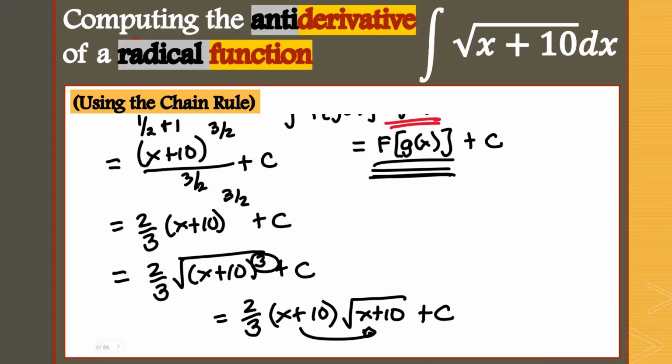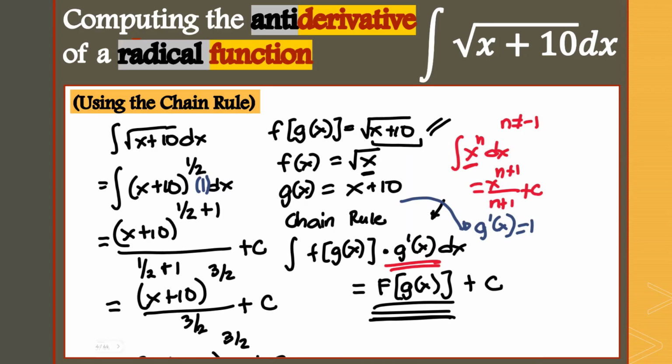When we have the 3 and the 2, we can simplify that. But of course, I would like to stick with the previous form as our final answer, because this is already the answer that would describe the antiderivative of a given function, which is a composite function involving a radical expression, and this time using the chain rule.